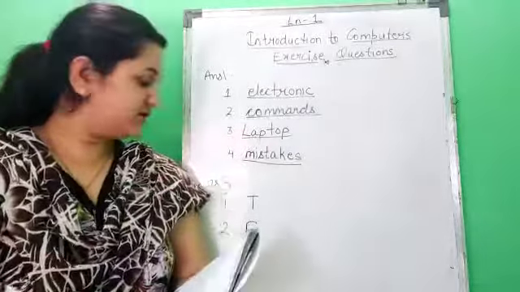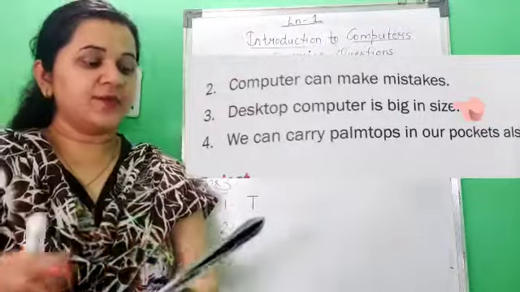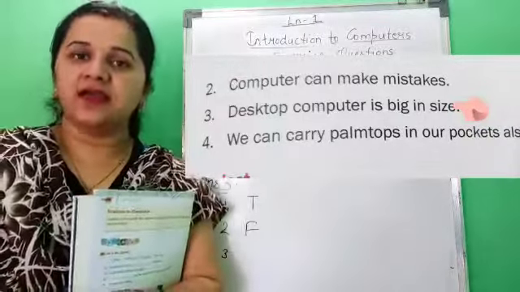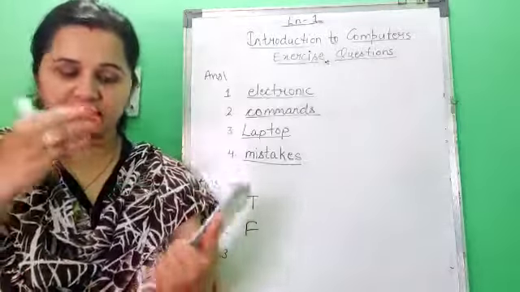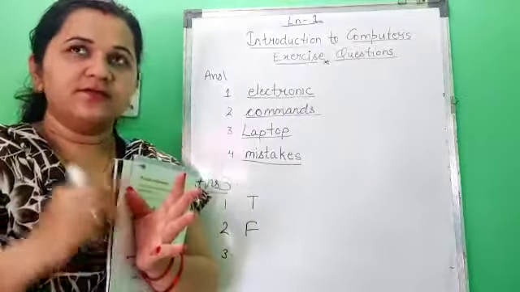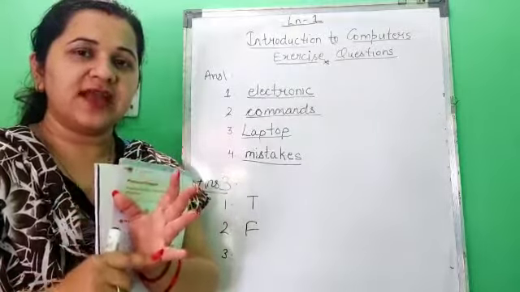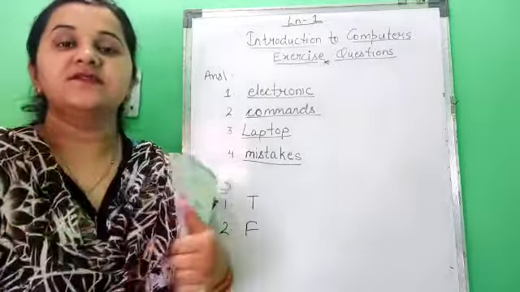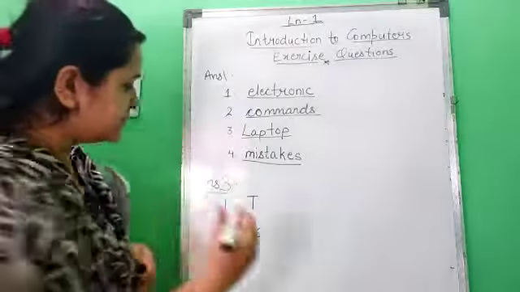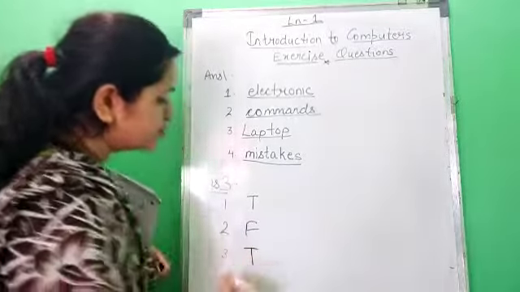Okay, now the third one. A desktop computer is big in size. Yes, children. We have studied 3 types of computers: laptop, palm top and desktop. From all of them, desktop is very big in size. So this statement is true.